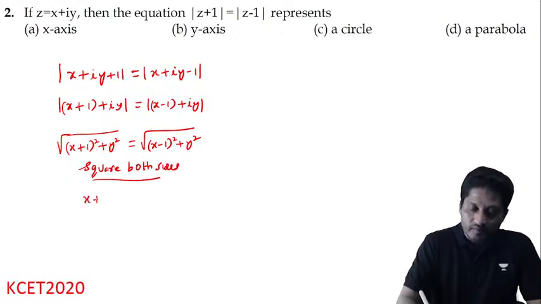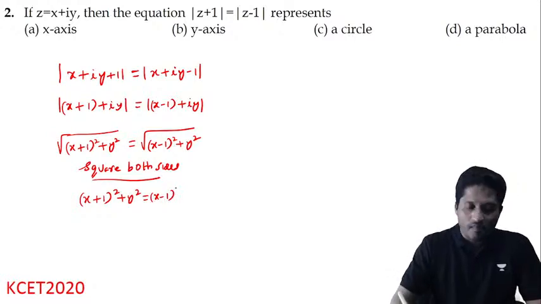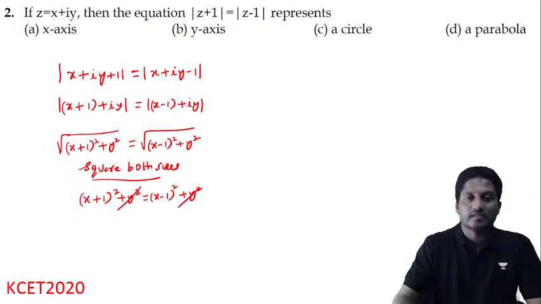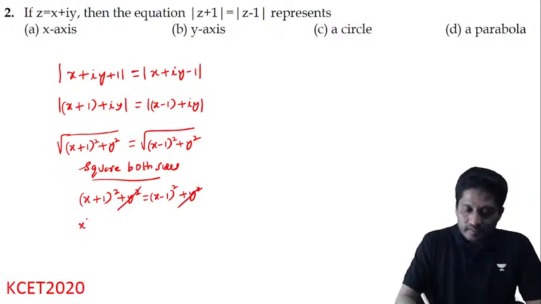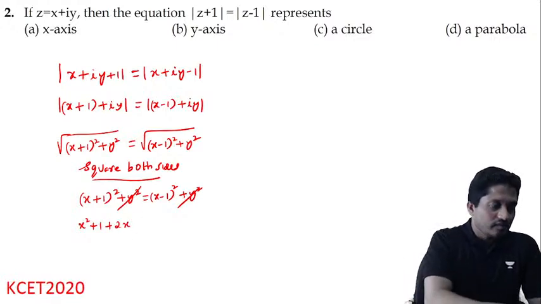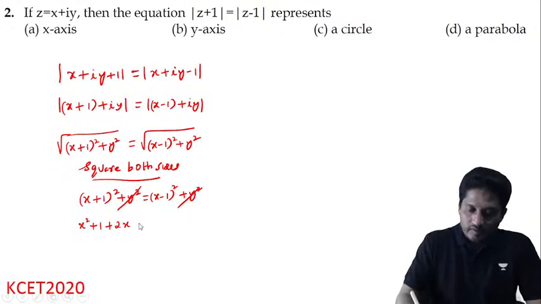This becomes (x plus 1) the whole square plus y square is equal to (x minus 1) the whole square plus y square. (a plus b) the whole square is a square plus b square plus 2ab, which gives 2x, and that is equal to a square plus b square minus 2ab, which is minus 2x.